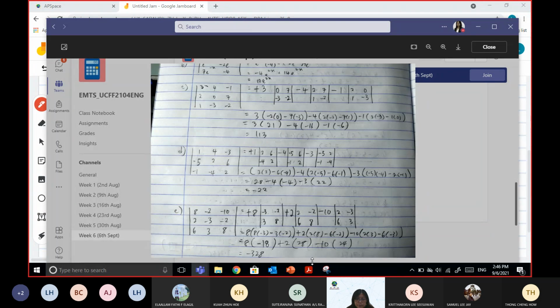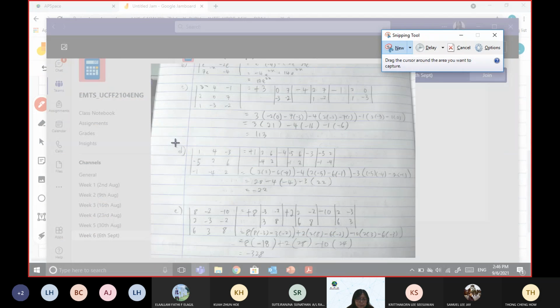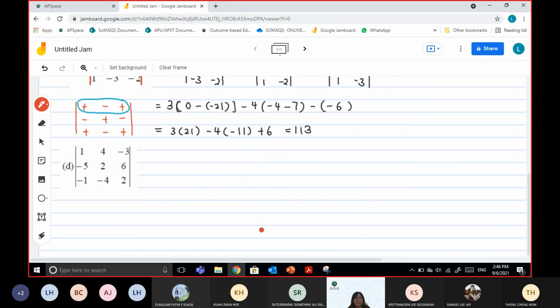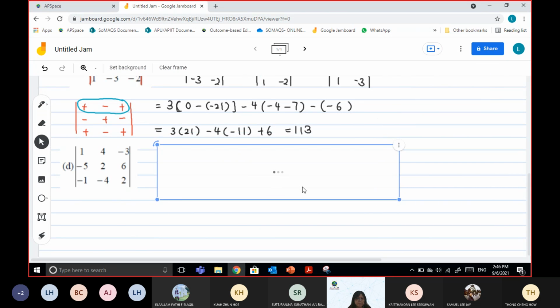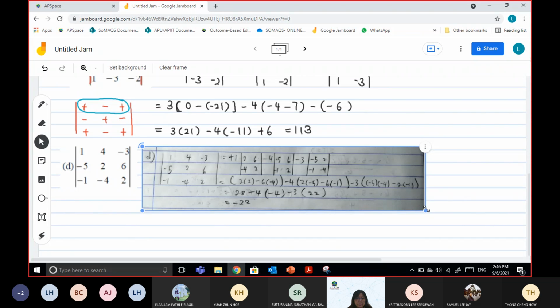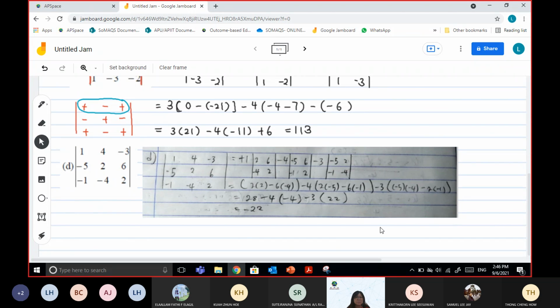D. For those who are practicing now, please check your solution. So for question D, Sutesh is also using the first row.